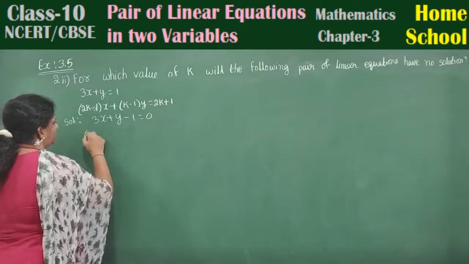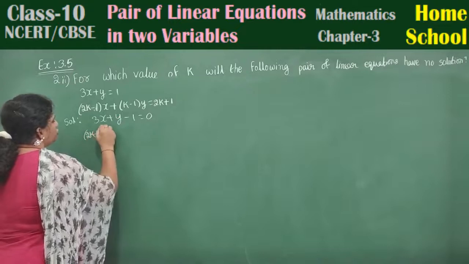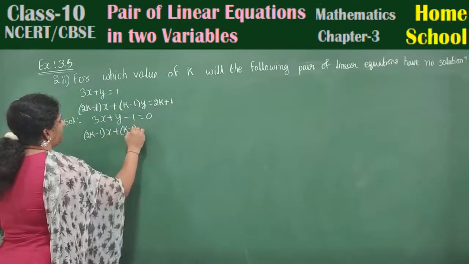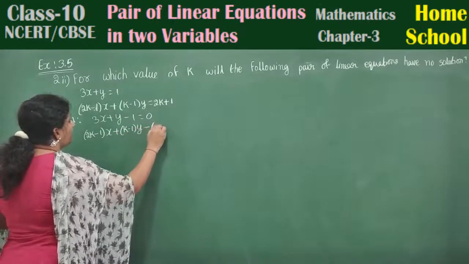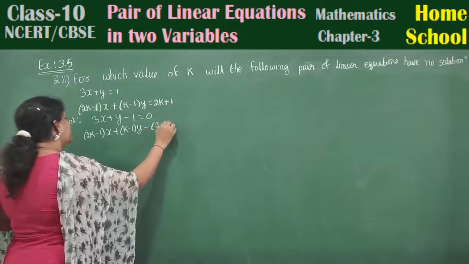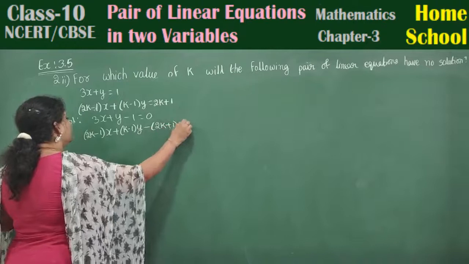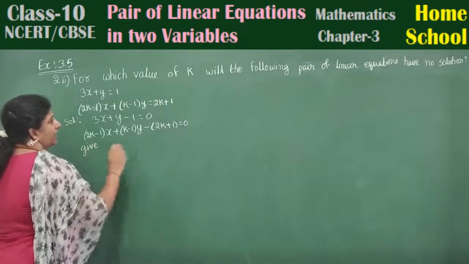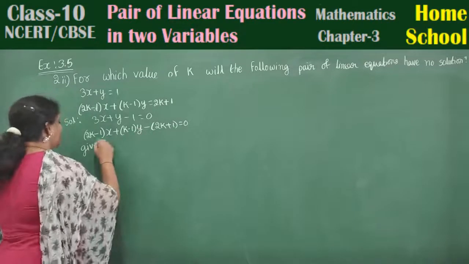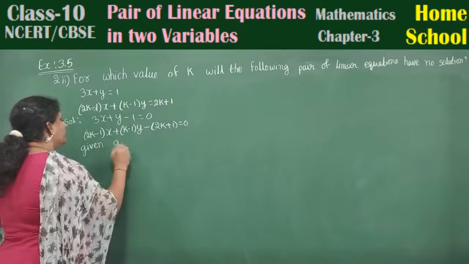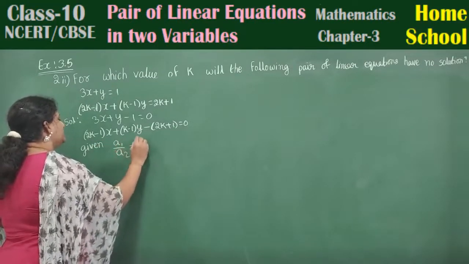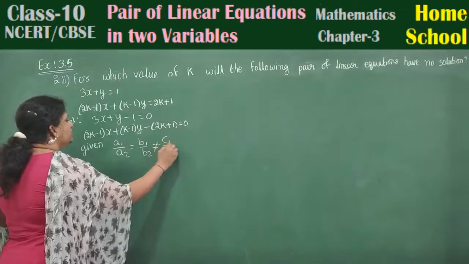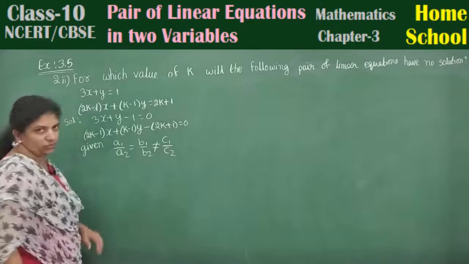And this one, 2k minus 1 into x plus k minus 1 into y minus of 2k plus 1, children, don't forget. Now, what did they give? They have no solution. If they have no solution, a1 by a2 is equal to b1 by b2 is not equal to c1 by c2.